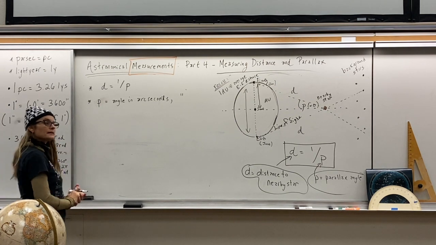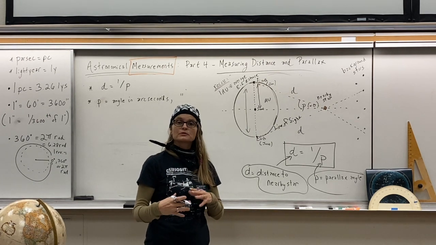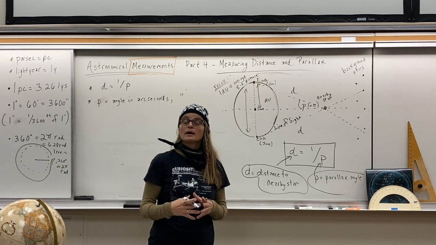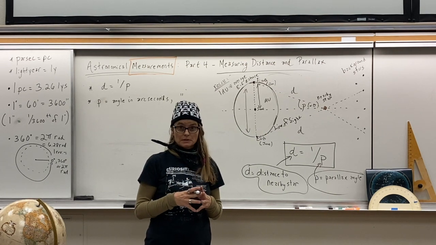Now we use radians instead of degrees when we mix it into equations with meters or other SI units. So when we're working with SI units, we have to convert to radians. We don't like to use degrees.